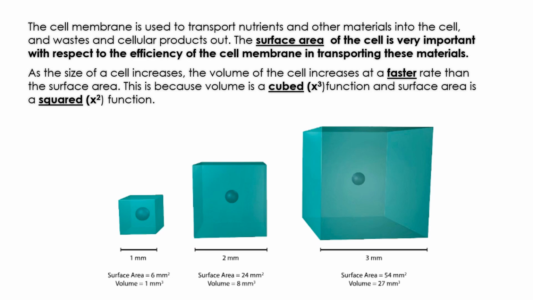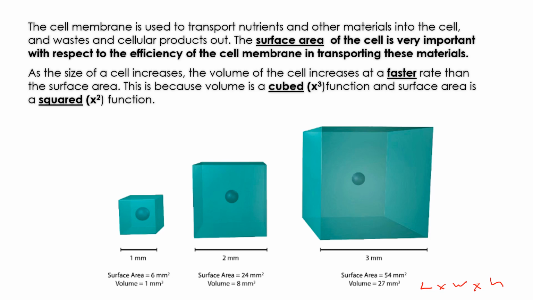Now, take into consideration surface area. Surface area is a squared relationship. Okay, so what that means is if volume is cubed, right, length times width times height, whereas surface area just takes into account the surface. It's squared, right?